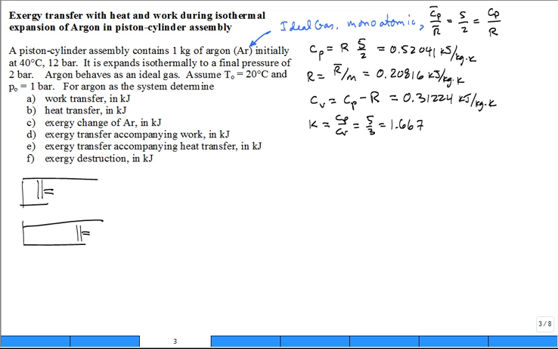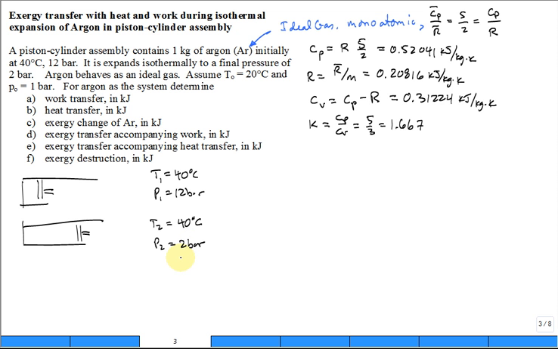While it's expanding, it's going to remain isothermal, remaining at 40 degrees C. So let's list some properties: T1 is 40 degrees C, P1 is 12 bar, T2 is 40 degrees C because it's a constant temperature expansion, and P2 is 2 bar.